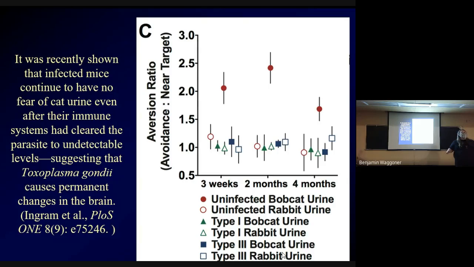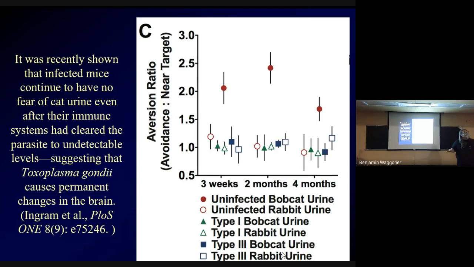They spend about as much time close as away from uninfected rabbit urine, but you can see they spend a lot less time away from, okay, I see what we're getting at. The circles show what uninfected rats do. They don't bother with uninfected rabbit urine, but they freak out and stay away from uninfected bobcat urine.